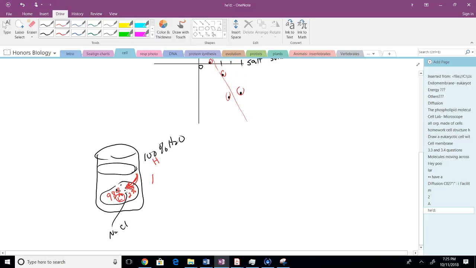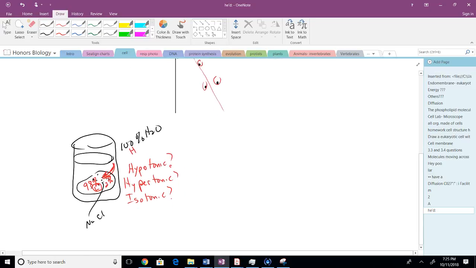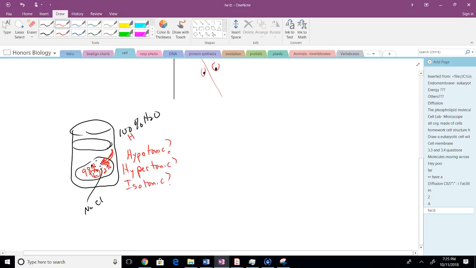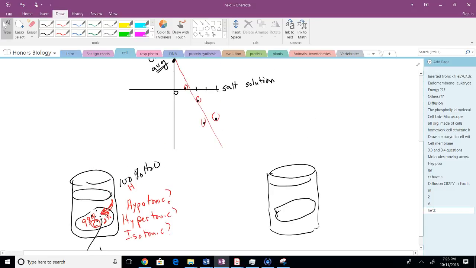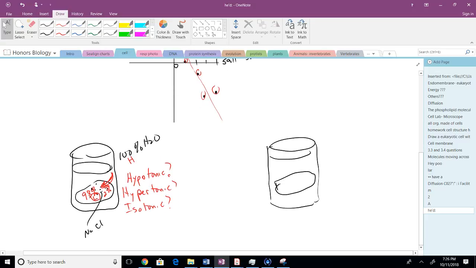Now, what you want to be thinking about is, if it gained mass, then what kind of solution is this? Is this a hypotonic? Is this a hypertonic? Or is this an isotonic? And then for the negative solutions, I'll just leave it here right now. We don't have to go through all of them, but here's our potato slice, and we know just from looking at our numbers that in all of the ones that are below the x-axis, they lost water.